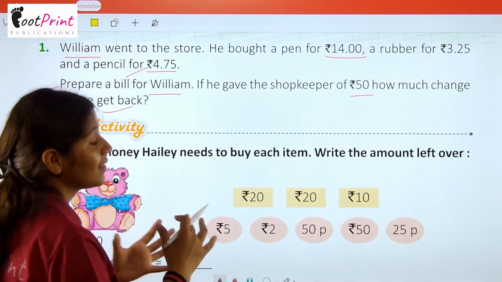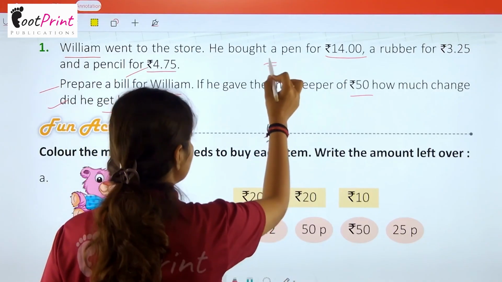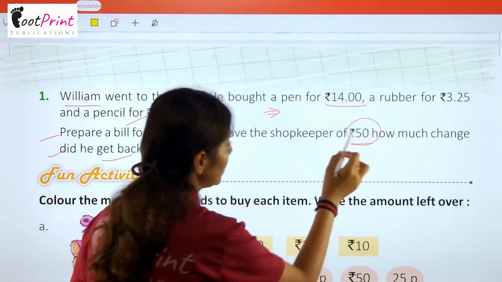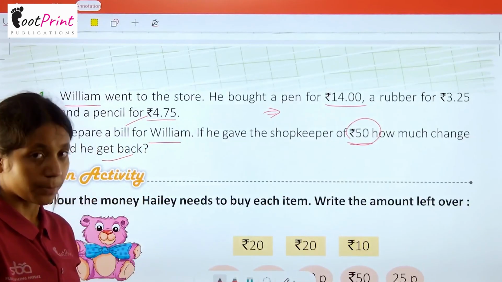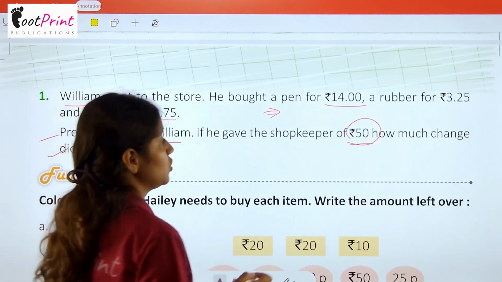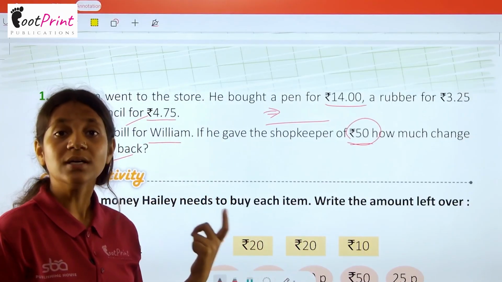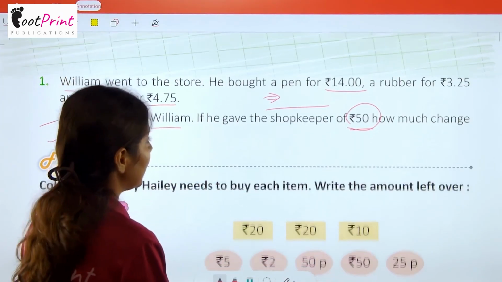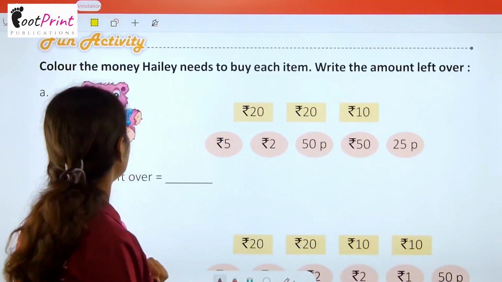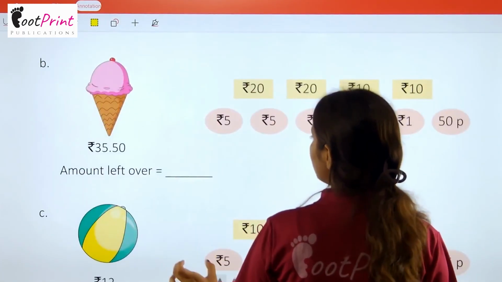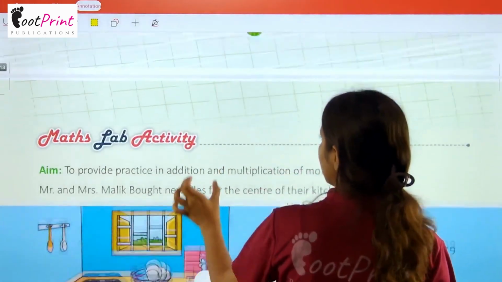Then you will get the total answer, that is the total bill. Okay, and he is giving a 50 rupee note. That means the shopkeeper will give the change. So what change it will be, you have to find by subtracting the bill from 50.